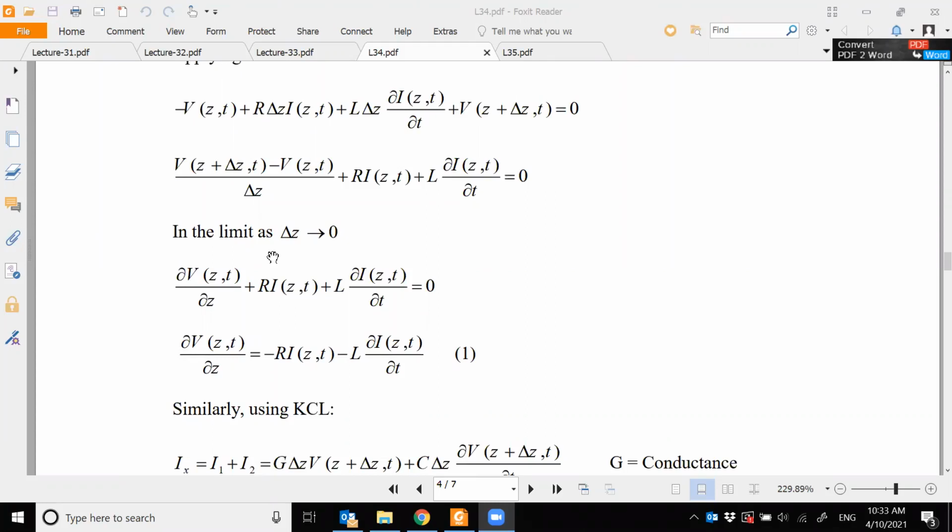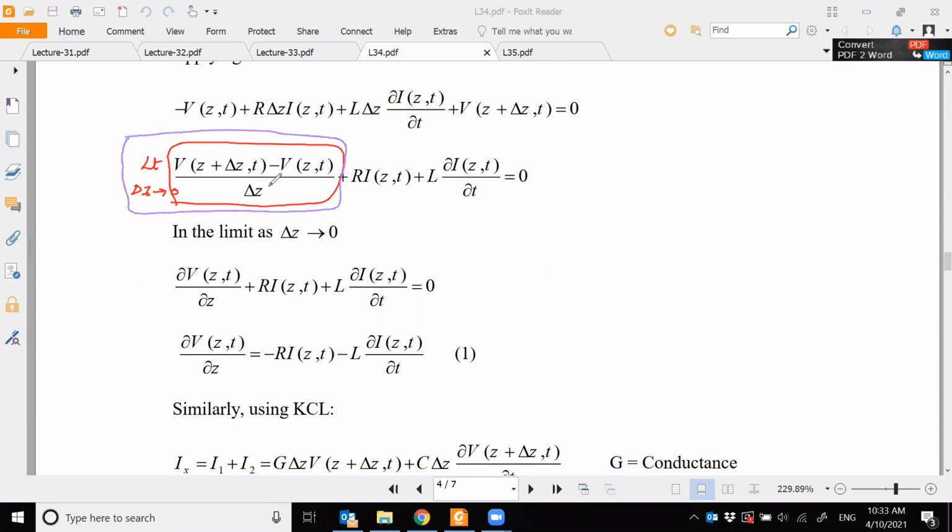Because it's an incremental length of the transmission line. If I make this incremental length as small as possible, then I can replace this with, if you remember mathematics, the limit as delta Z tends to 0. Yes, this is the definition of what?